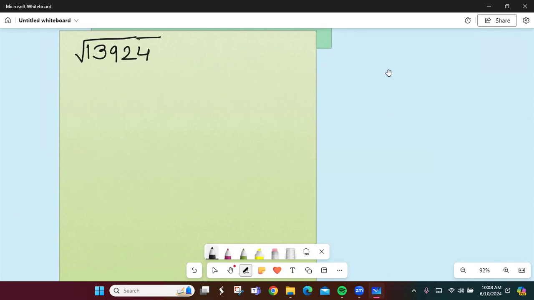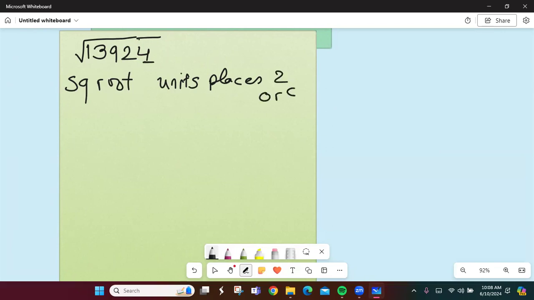Since the units place is 4, in the square root the possible units places will be either 2 or 8. We have to select the proper one. What is the first step? I'm going to cancel the last two digits. So I'll get 139.